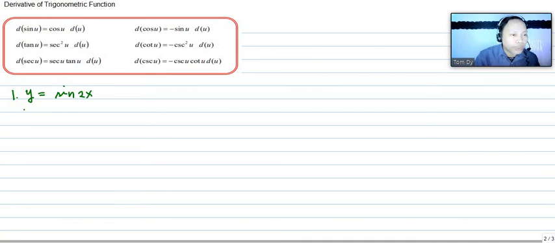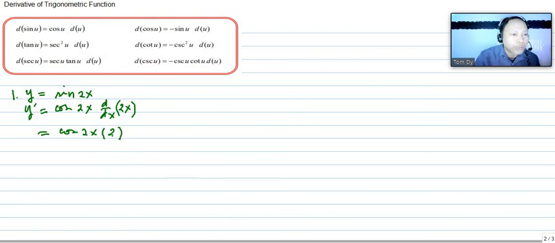Okay, so we take the derivative, that is y prime, which is equivalent to the derivative of sine u equals cosine u du. So the derivative of sine 2x equals cosine 2x times the derivative of 2x. This is how we take the derivative of sine 2x, so this is equivalent to cosine 2x times the derivative of 2x, that is equivalent to 2.